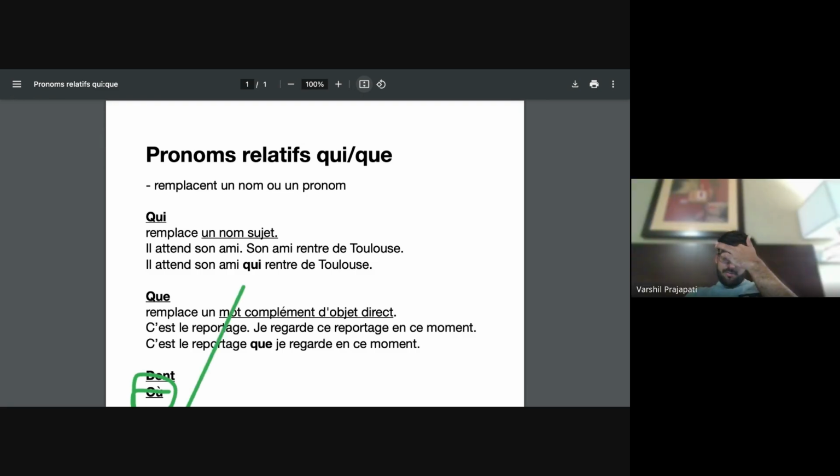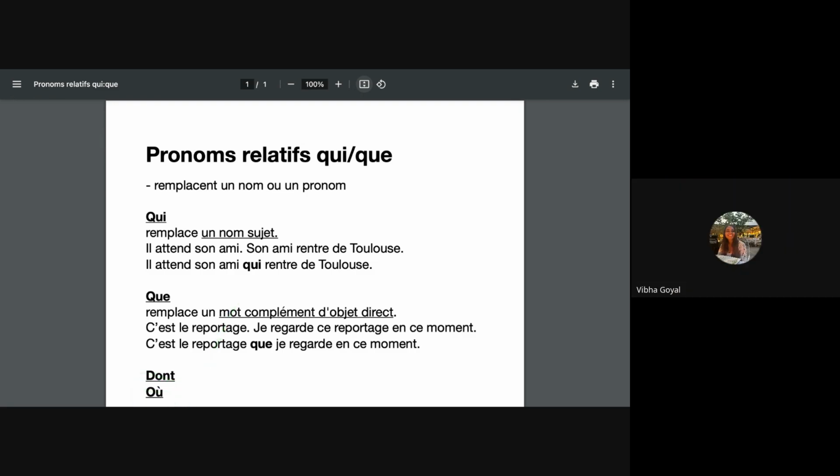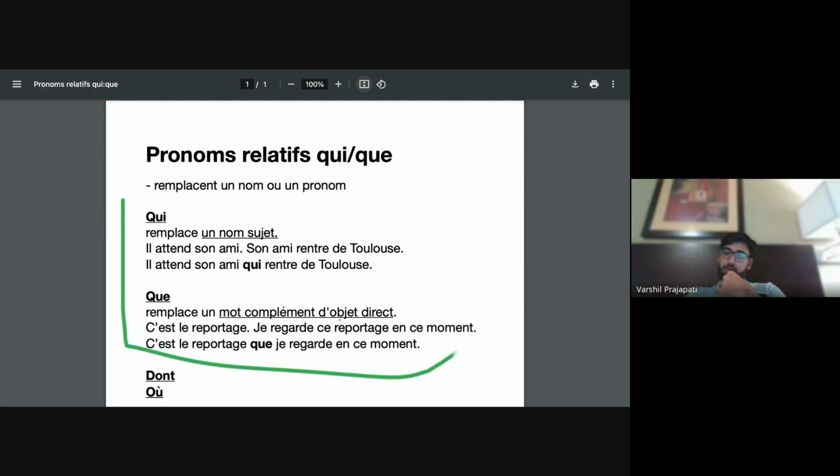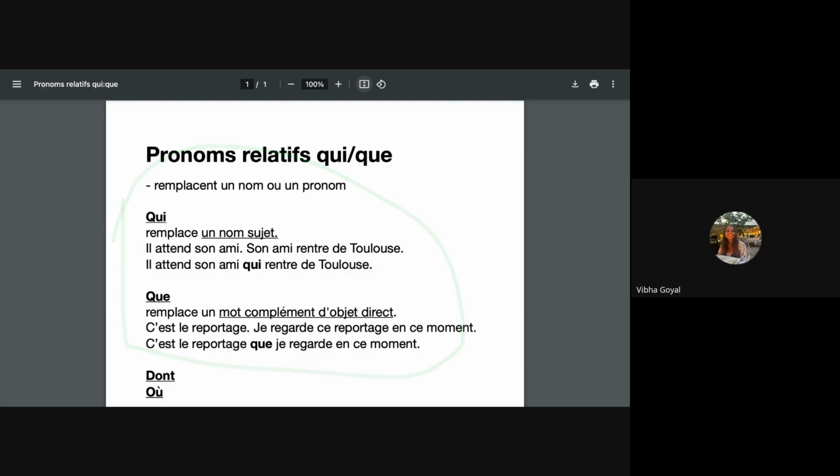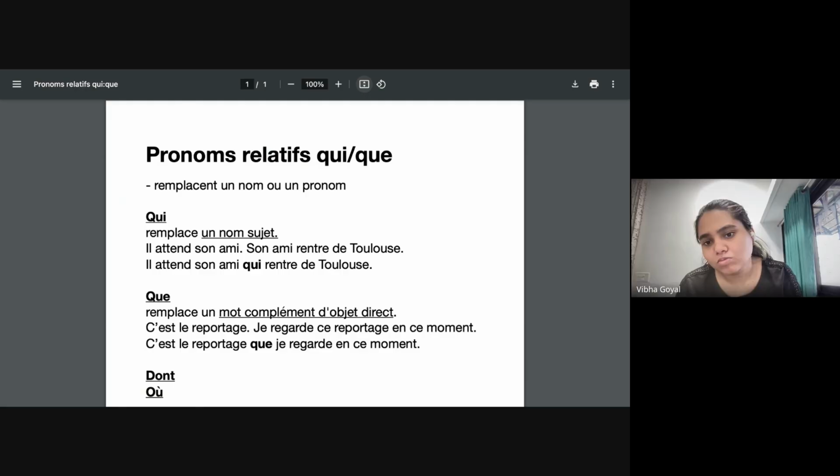We will do OÙ in A2. For now it's QUI and QUE. In Hindi and English we use ki and ko a lot. Donc, if I say for a robe, j'ai acheté un robe. Ce robe est bleu.